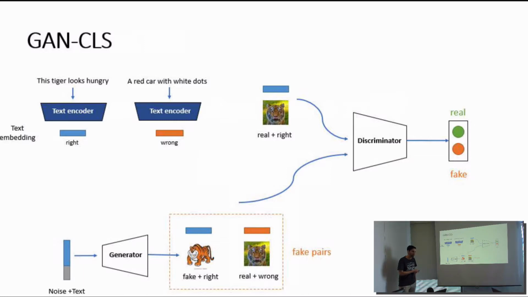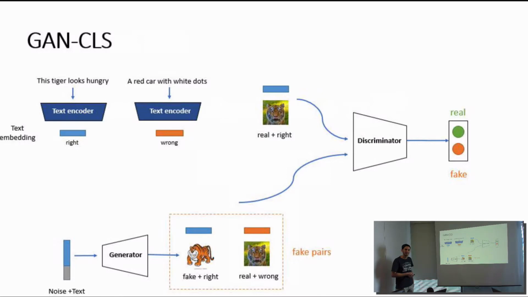The generator only outputs images, never text, so what enters here is fake images. I think the presentation is a bit confusing because you group the fake and right with the real and wrong.